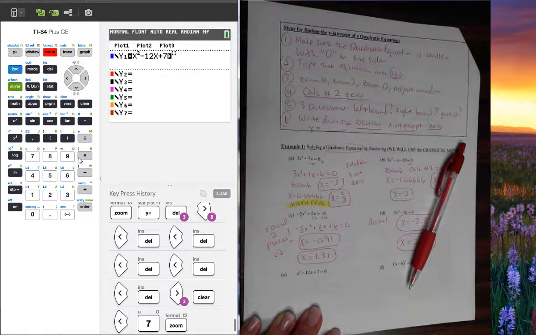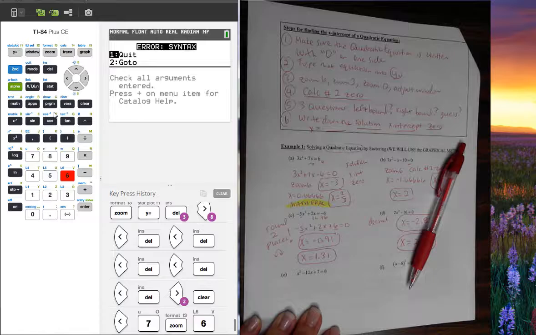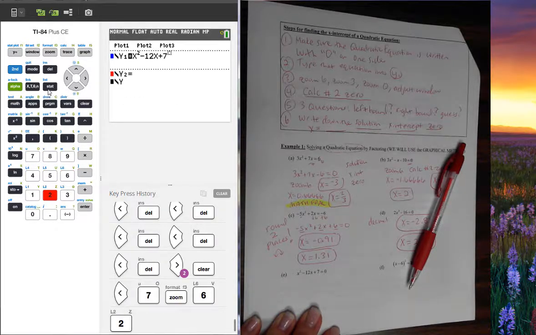Okay, zoom 6. What did I do? Let me clear it out. I wasn't paying attention.